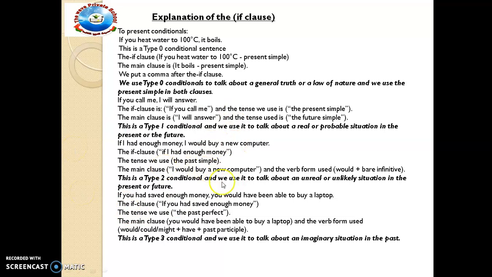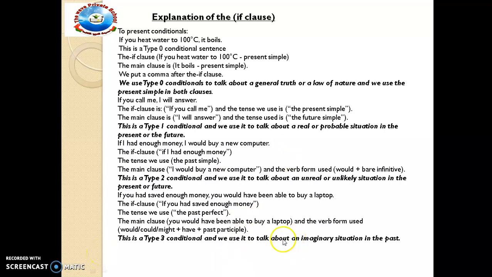Now, what is type 2 conditional? We use it to talk about an unreal or unlikely situation in the present or future. So when we are talking about something that is unreal, that might likely not happen, both for the present and the future, that becomes the type 2 conditional.